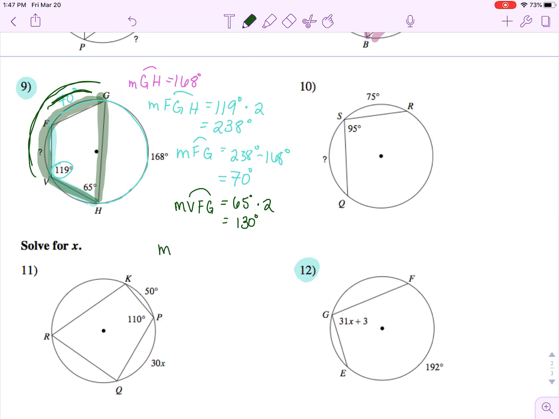So the measure of arc FV is going to be 130 minus 70. And you should get 60 degrees as your final answer.